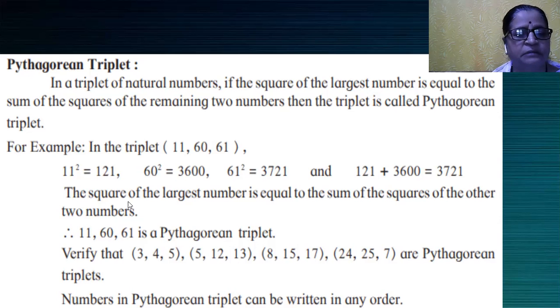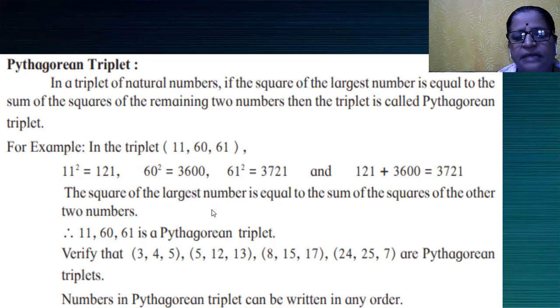So we will see that 11 square is equal to 121, 60 square is equal to 3600 and 61 square is equal to 3721. If we add 121 and 3600, we get the sum of these two as 3721. And 61 square is also 3721.